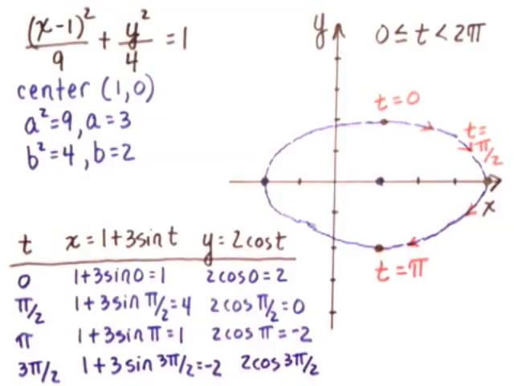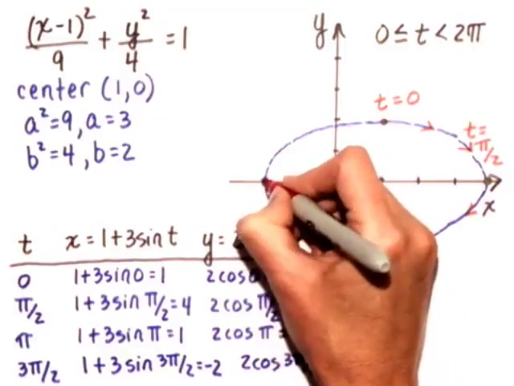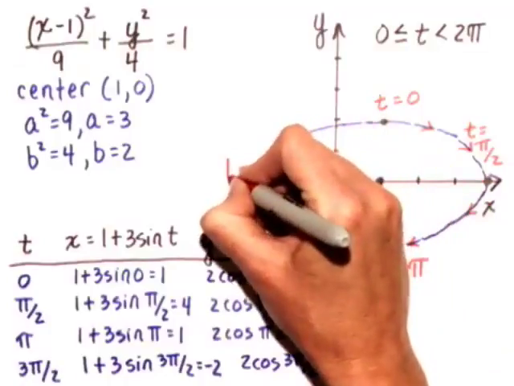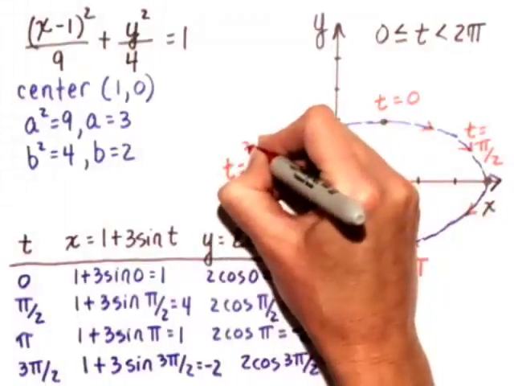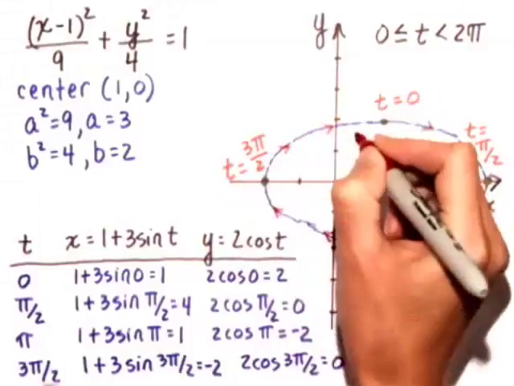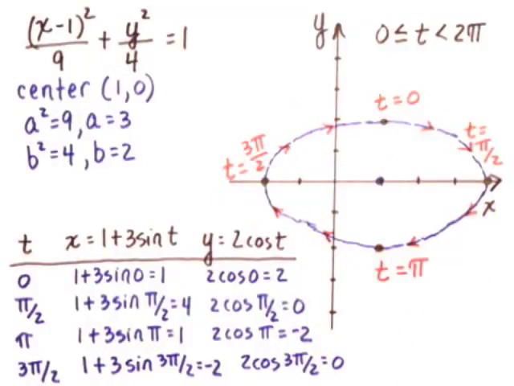Since the cosine of 3 pi over 2 is equal to 0, this value is 0. So negative 2, 0, it's one of our vertices. We can add our arrows. This corresponds to t equal 3 pi over 2. So with our given equations, we eliminated the parameter and we graphed a plane curve with the arrows for orientation.